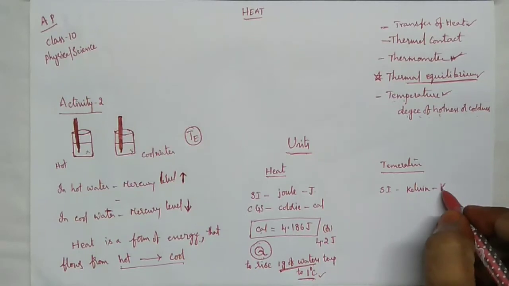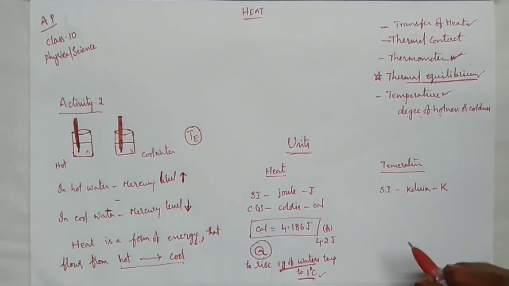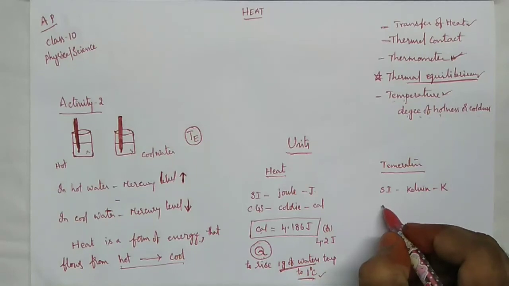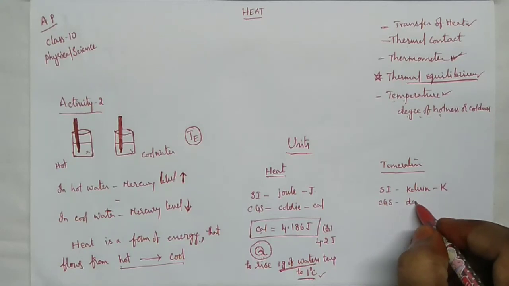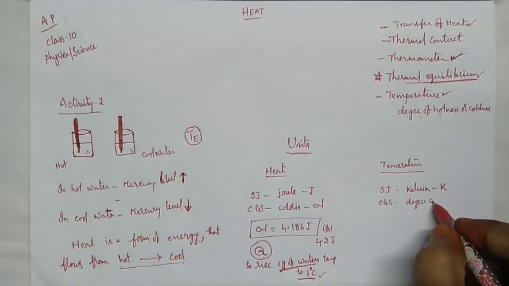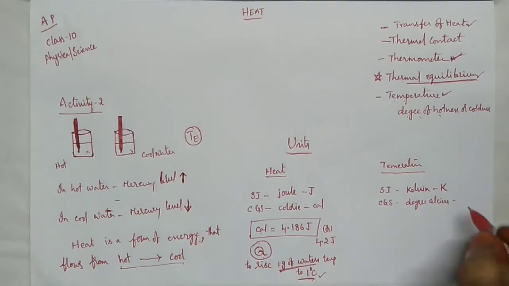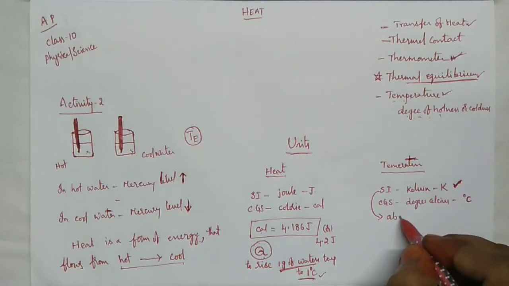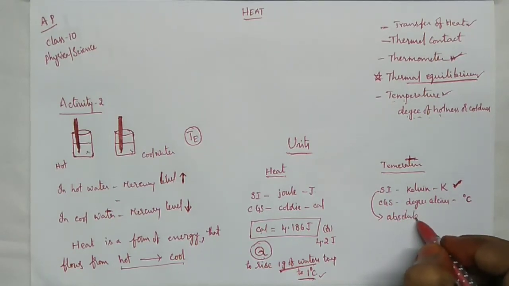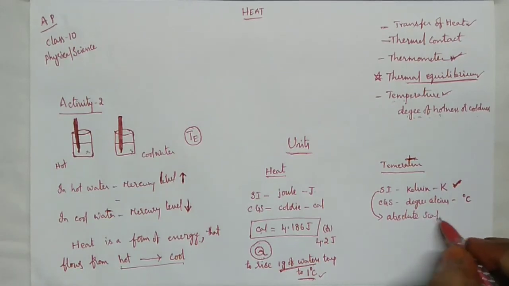It is denoted by K. The CGS unit of temperature is degree Celsius. Right, and remember here the Kelvin scale has a special name also. It is also called the absolute scale. Absolute scale.